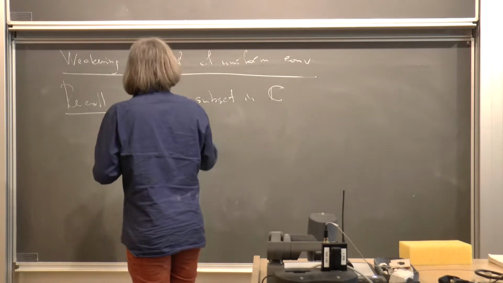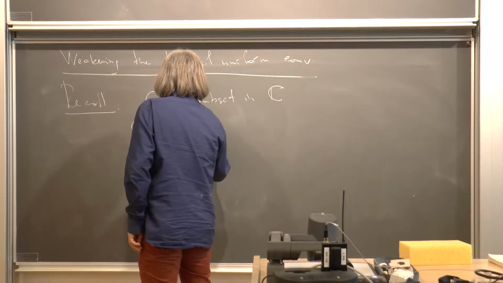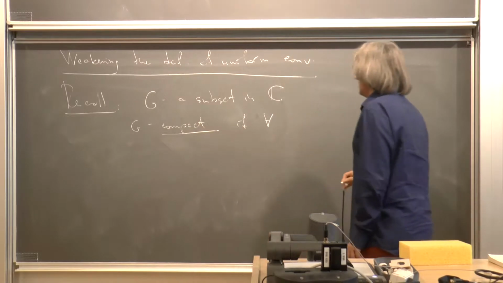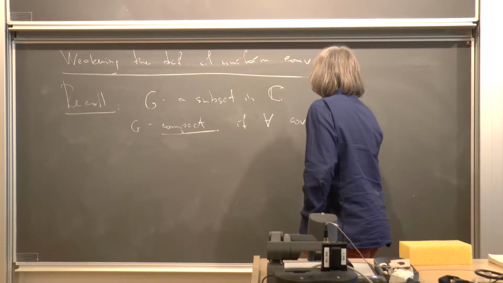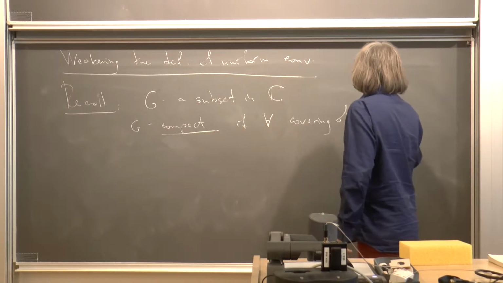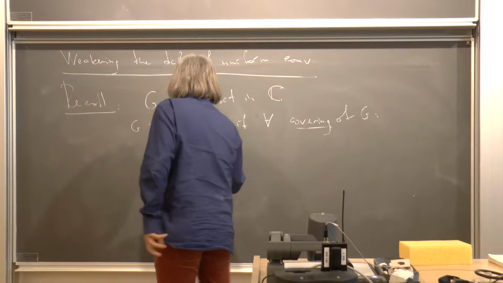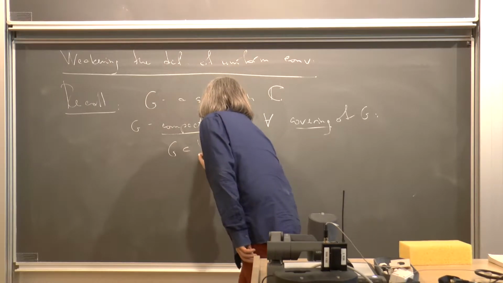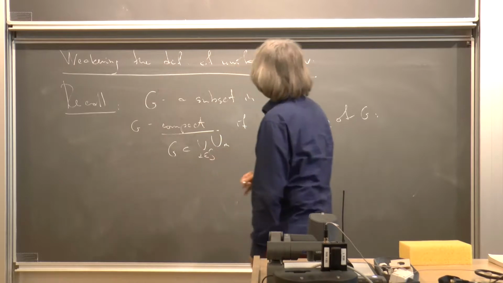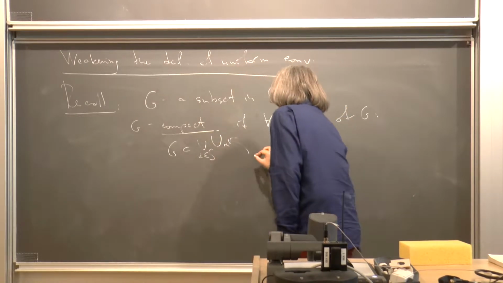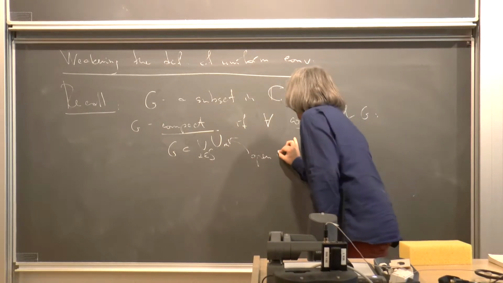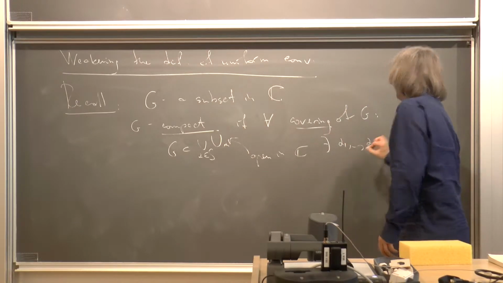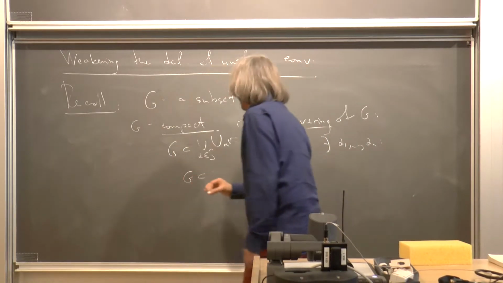So G is called compact if for any covering of G. So what it means is that G sits inside the union of probably infinitely many open sets, where alpha is enumerated by some set S, and these are open in C. There exist finitely many indexes such that G sits actually inside this finite union.